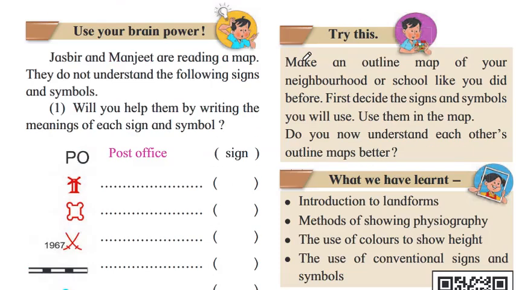Try this. Make an outline map of your neighborhood or school like you did before. First, decide the signs and symbols you will use. Use them in the map. Do you now understand each other's outline maps better?